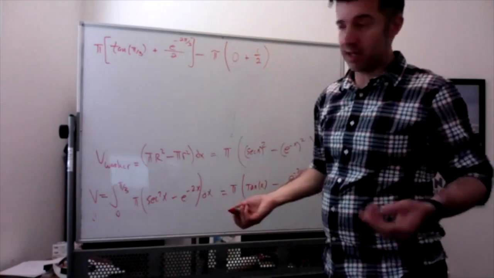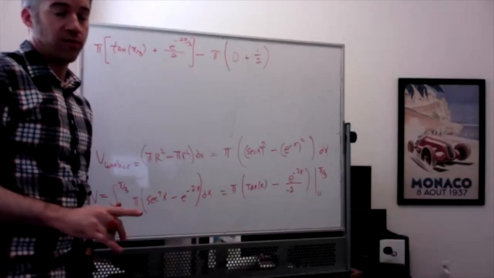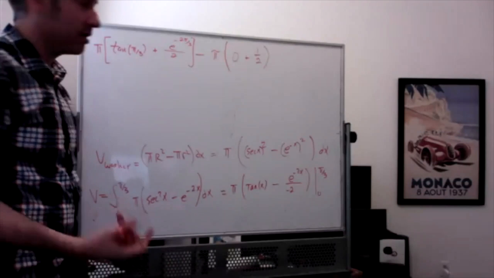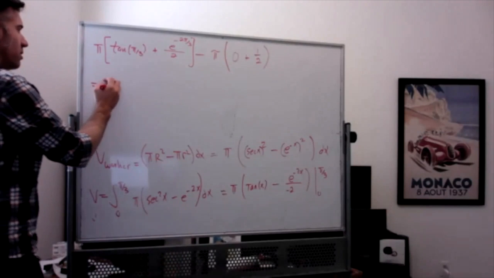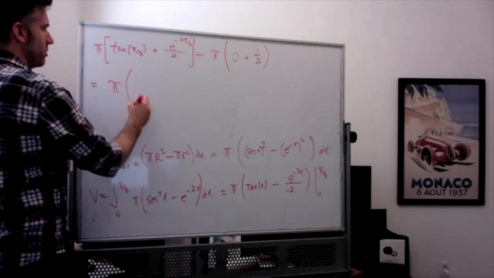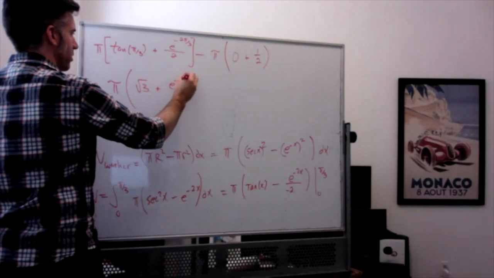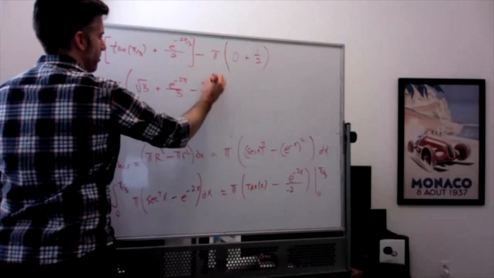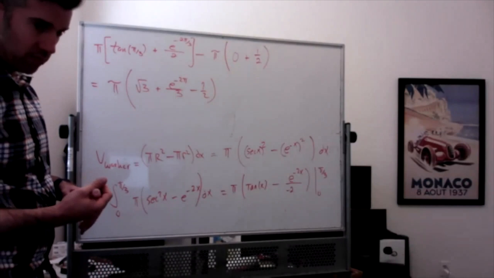And you can probably leave it like that. I take it back a little bit, I would imagine most people would expect you to evaluate tangent of pi over 3, which is the square root of 3. This is going to be pi times the quantity square root of 3 plus e to the negative 2 pi over 3 over 2, and then minus 1/2. That's probably as much work as I would want to do on that problem.